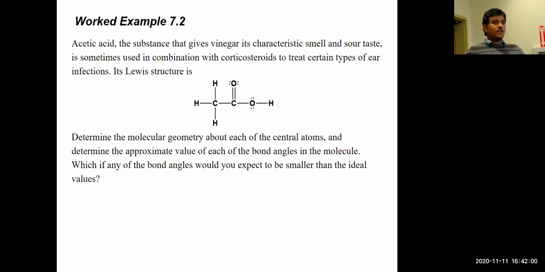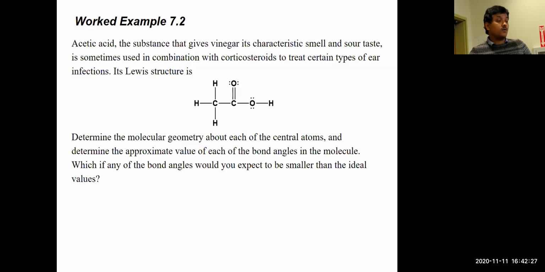I believe this is the very last problem. Let's see. In this problem, it is asking us to predict the bond angles for each different central atom and see if any of the atoms' bond angles change from ideal, if there are any such cases. I see there are going to be cases where the bond angle is changed from the ideal bond angle.